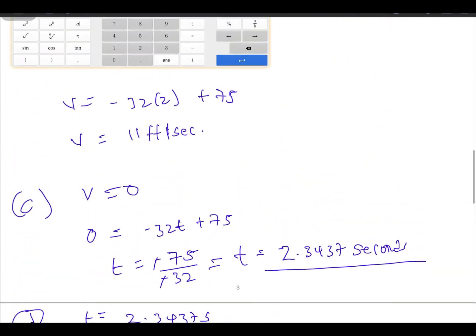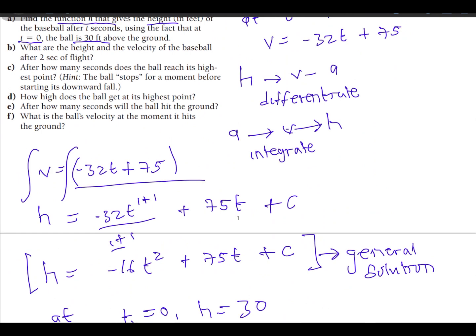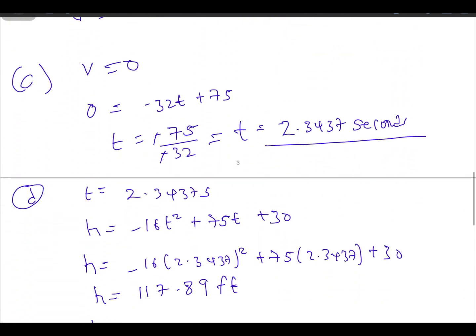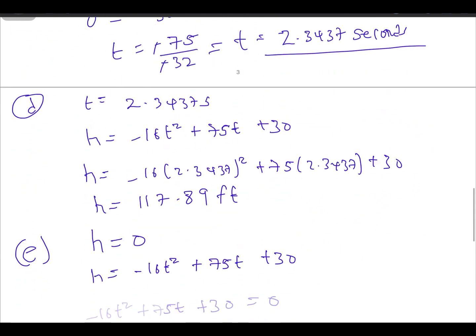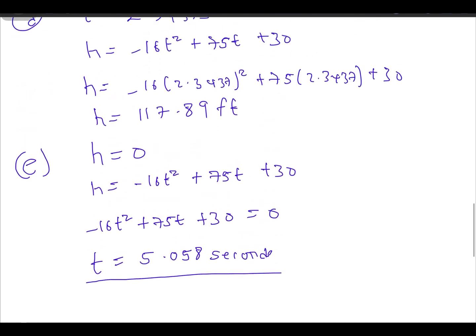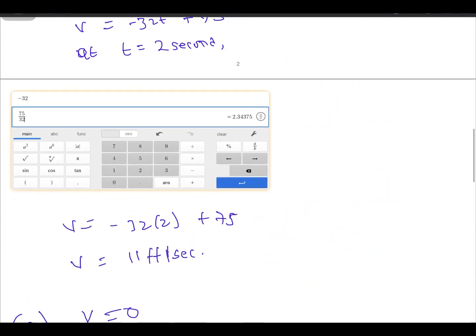And let's look at the last one. The last one asks what is the ball's velocity at the moment it hits the ground. The time that it took to hit the ground is 5.058, and therefore at the moment it hits the ground, what will be the velocity?